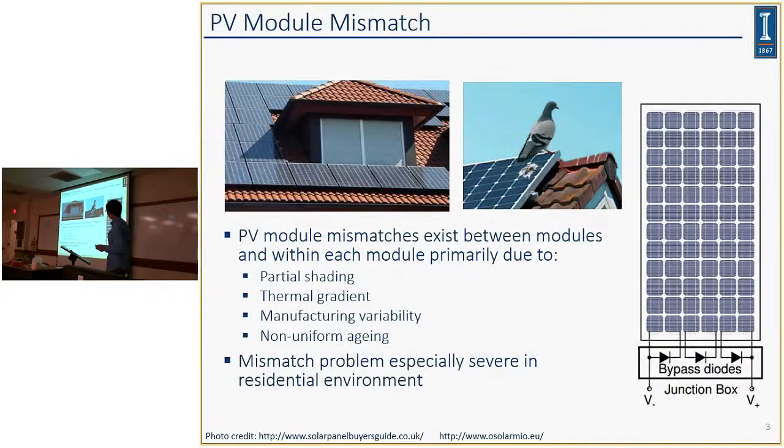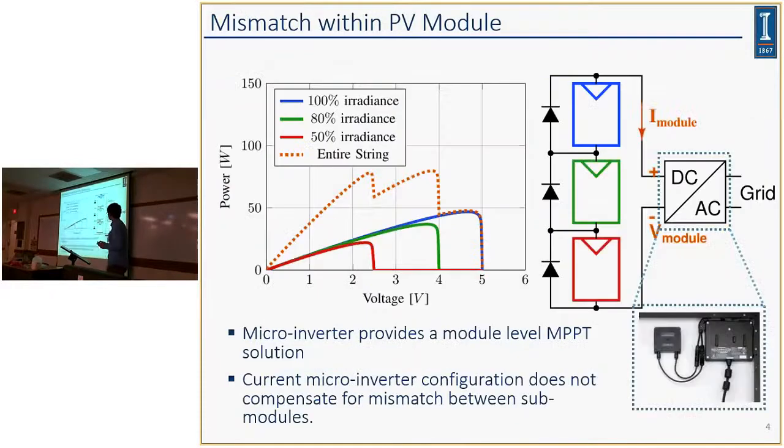The current mismatch exists between different modules and even between different submodules within one PV module like this. And this mismatch is especially severe in residential applications where you have a more complicated environment.